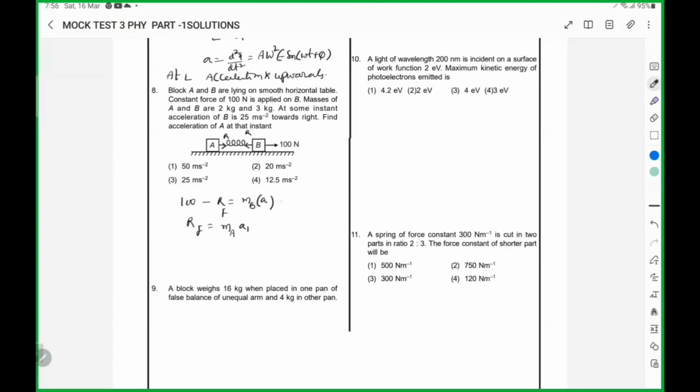Here at some instant, acceleration of B is given, so 100 minus restoring force equals mass of B, 3 kg, into its acceleration 25. Restoring force is 25 newtons. So mass of A is 2 into A1. A1 here is 12.5 meter per second square.